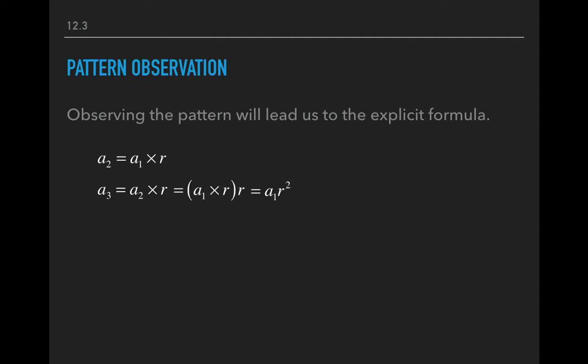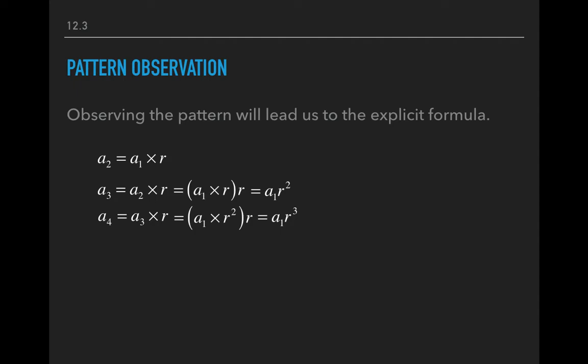Let's look at a4. a4 is a3 times the ratio. That's using the recursive formula, the previous term times the ratio. So in this case, it would be the third term times the ratio. But we just saw that the third term is really the first term times r squared. Now r squared times r is actually r cubed.